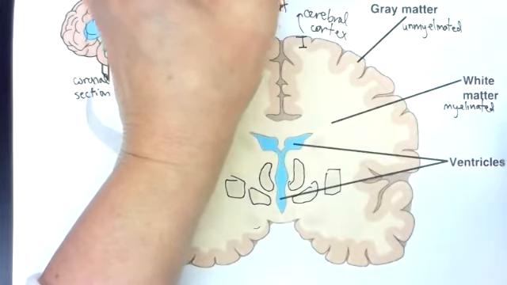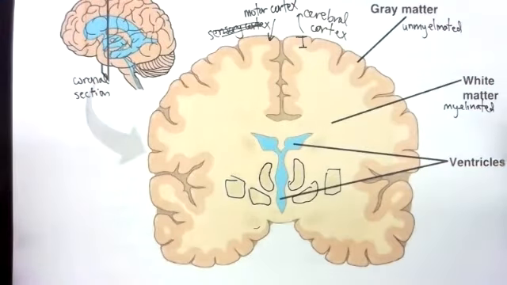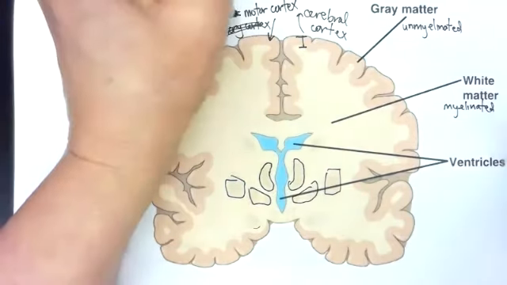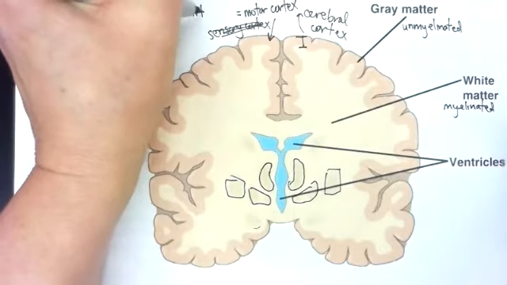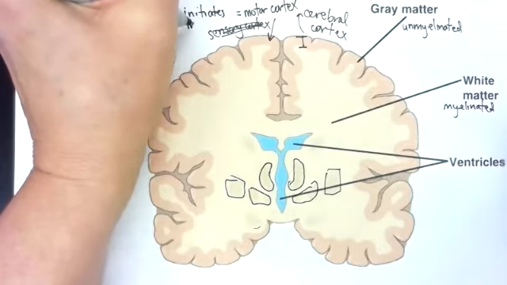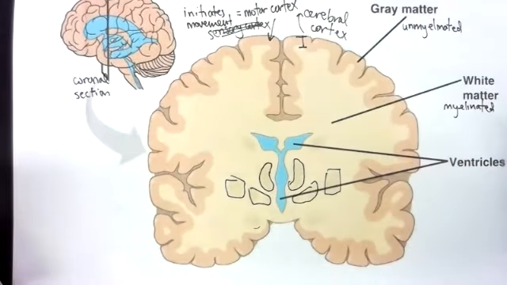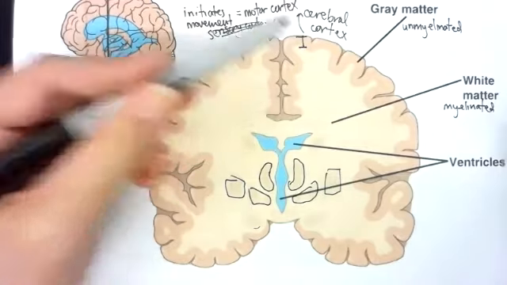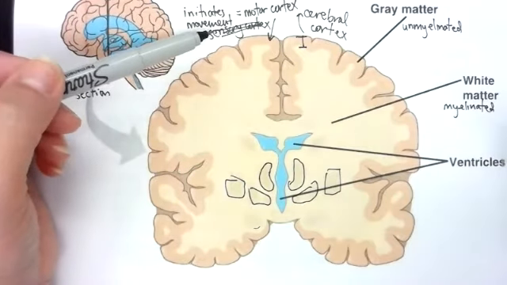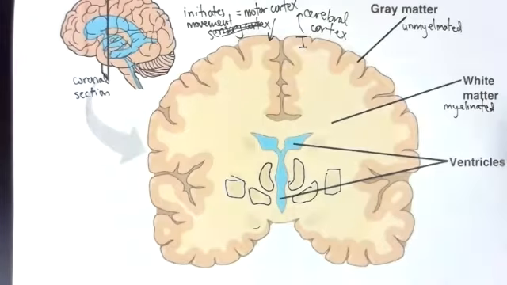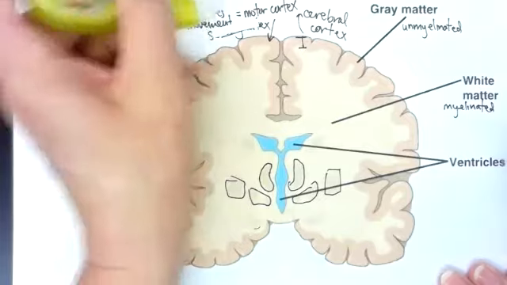We said that the motor cortex initiates movement. We talked about the fact that signals bounce around. The sensory cortex has signals that come in, get bounced down, and go back up to the motor cortex. Well, the motor cortex then sends signals down into another area of the cerebrum.